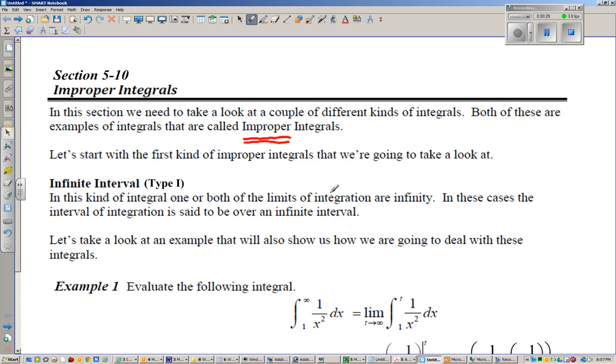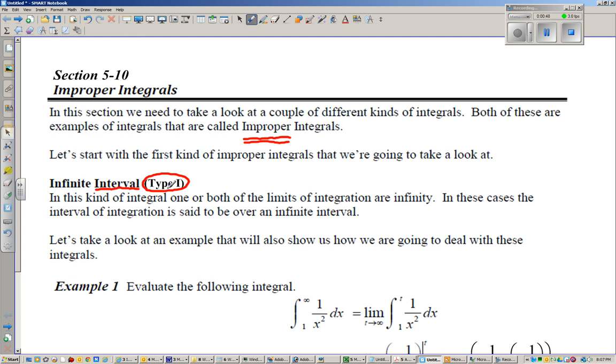So let's jump in and look at the first kind of improper integral, and these are known as infinite interval integrals. The book refers to them as type 1.